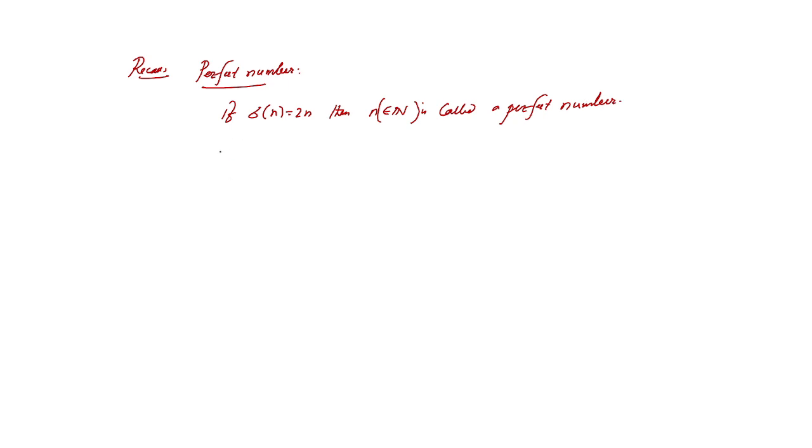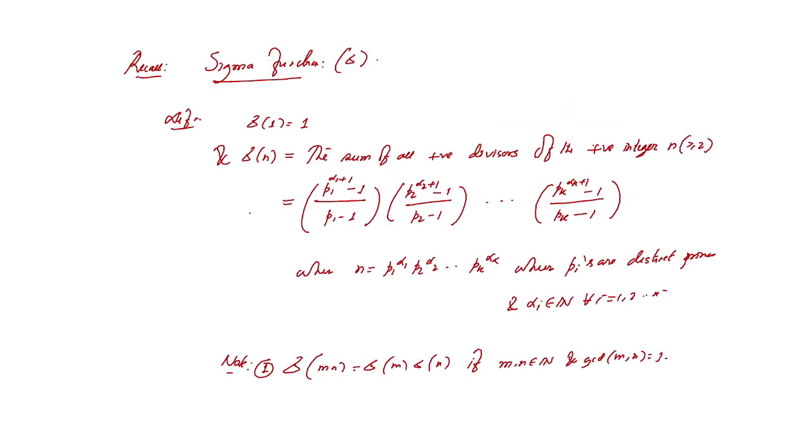So as for example, you will check sigma of 6. So sigma of 6, that means sigma of 2 into 3, and by using the sigma function, because 6 is greater than or equal to 2, we can write (2 square minus 1) by (2 minus 1), (3 square minus 1) by (3 minus 1), by using the formula of the sigma function.